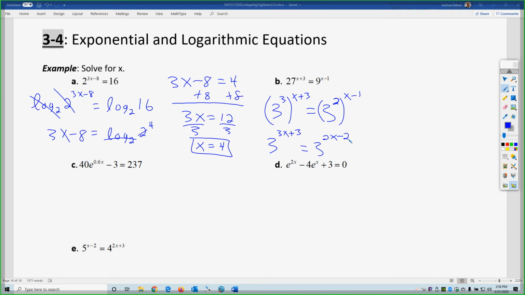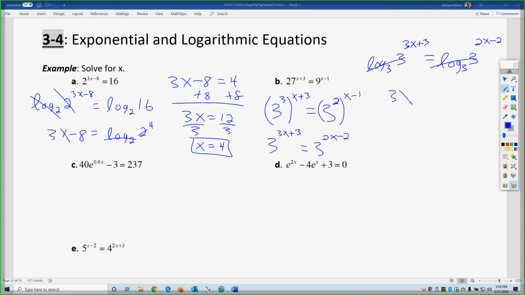Now we have a common base of 3, so I'll do log base 3 and log base 3. Because what you do to one side of the equation, you must do to the other if you're solving. The first one we simplified, but this one we're solving in this step, so they can now cancel, because log bases and power bases cancel as inverse operations.